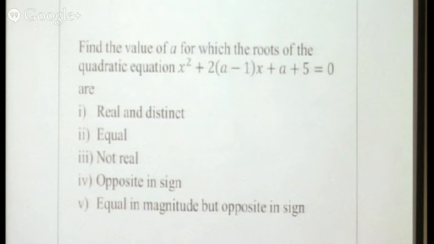But you can immediately see that it has something to do with the discriminant, because the first thing you have to do while attempting a question is how to attack it. The choices tell you that you have to find out the discriminant. So let us find out the discriminant of this.